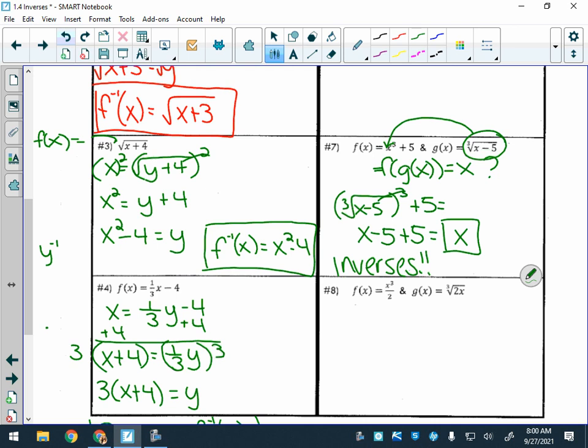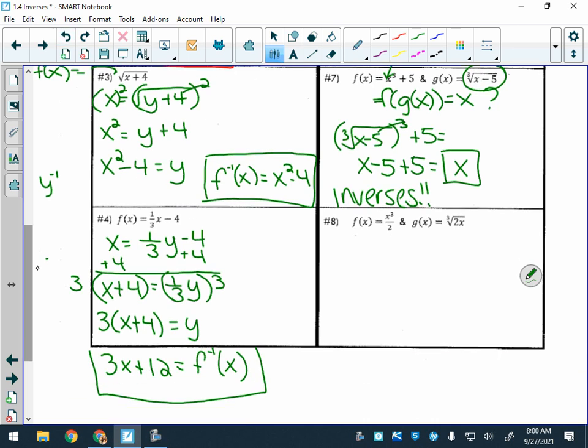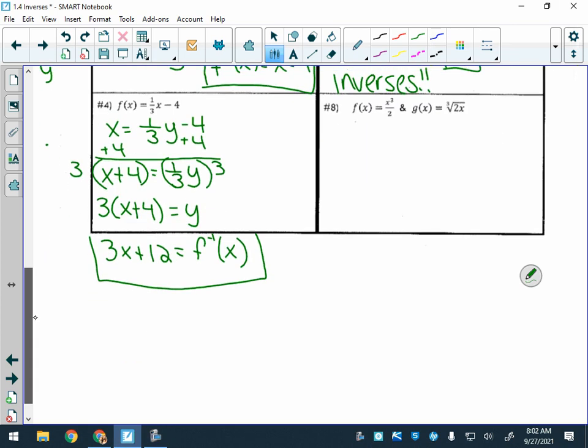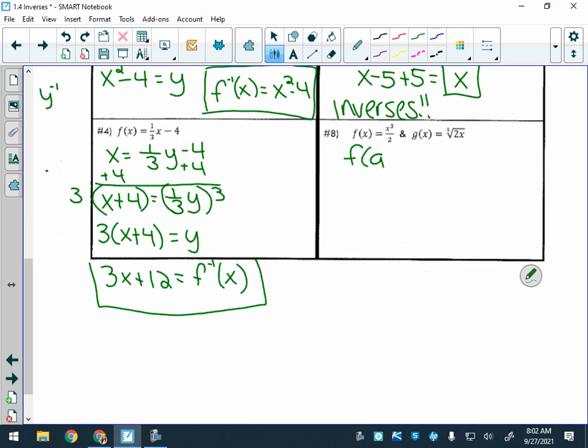Try number 8. So to see if they're inverses of one another, f of g of x, g of x function, plug it in, cube root of 2x, cubed, over 2.